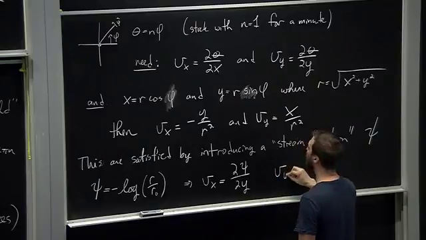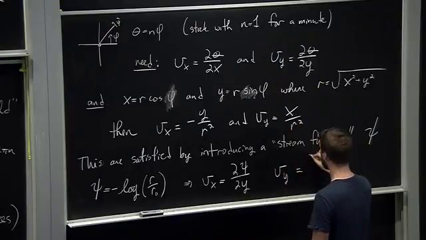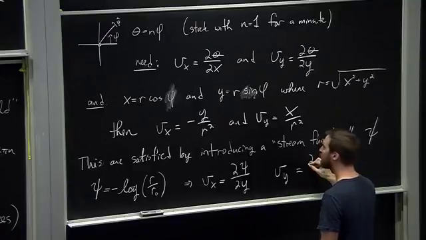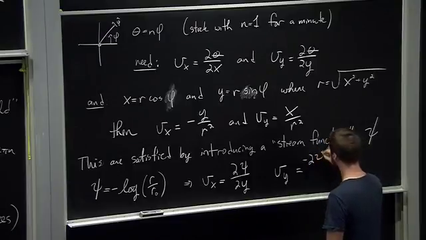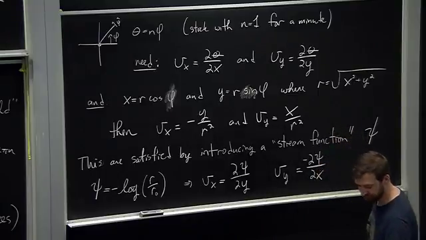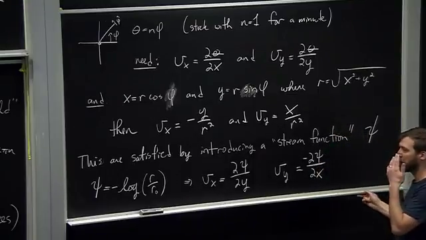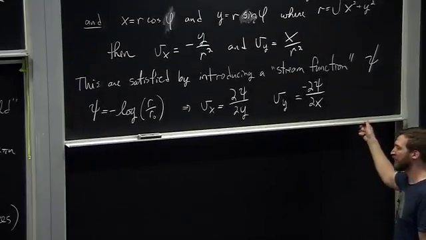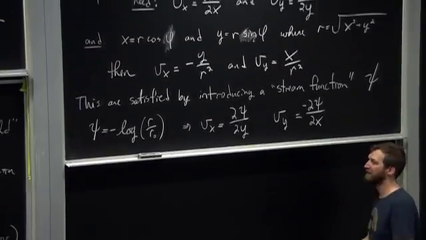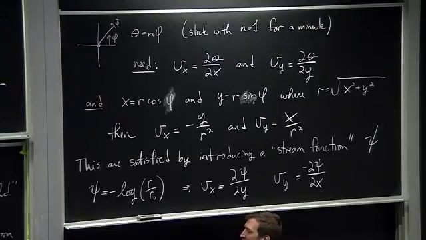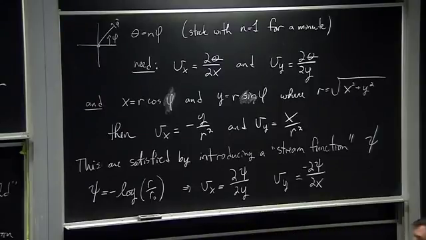And vy, which is this one, should be the minus, I think. Yeah, minus with respect to x. Okay, that's just sort of a mathematical mechanism, but it's going to be useful.